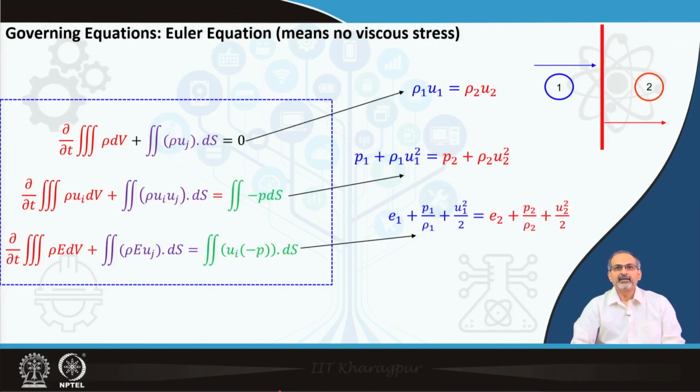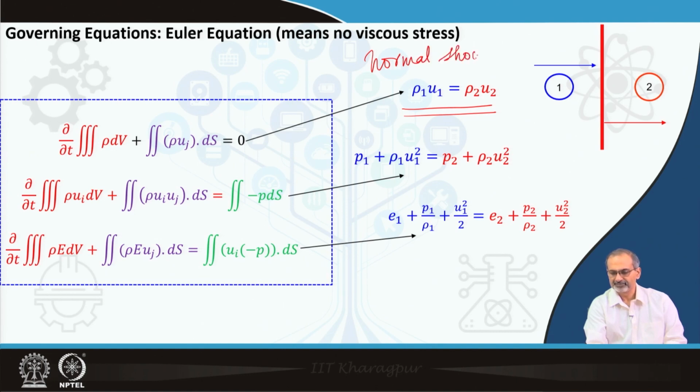If you look at the inviscid governing equation, the Euler equations, that means we have no viscous stresses, then the equations get simplified, and then you may recall that from the continuity equation, when we had specialized these conservation equations to handle a normal shock, then we got to simplify the continuity equation to a form like this, assuming that the flow was steady, and then we defined the 2 states 1 and 2, one ahead of the shock, the other behind the shock.